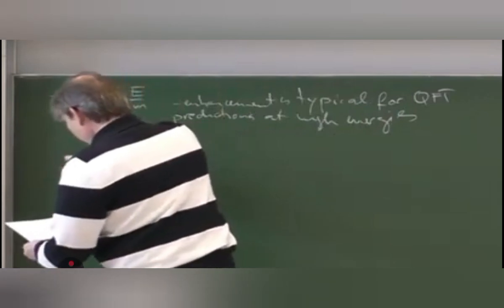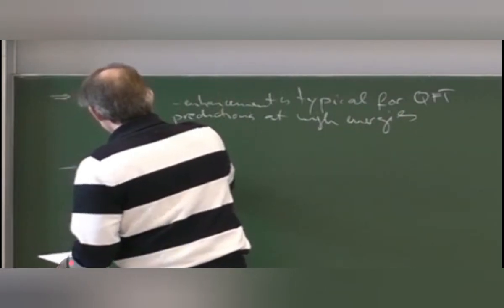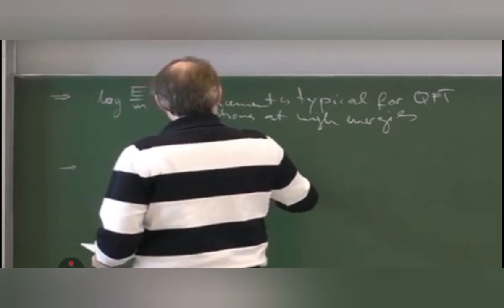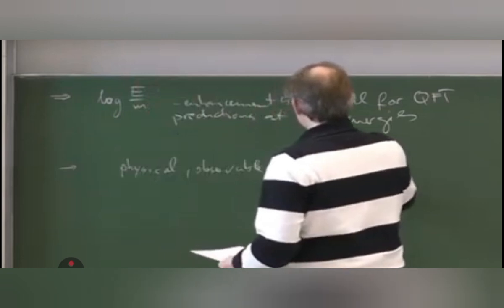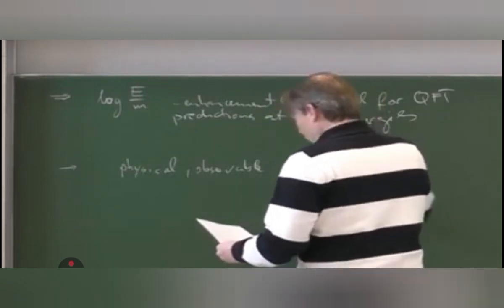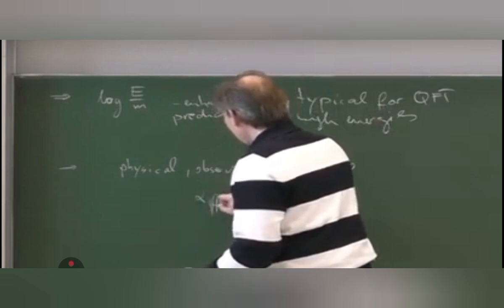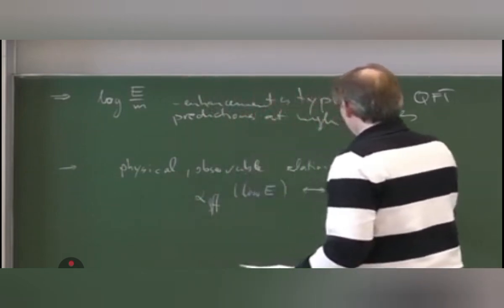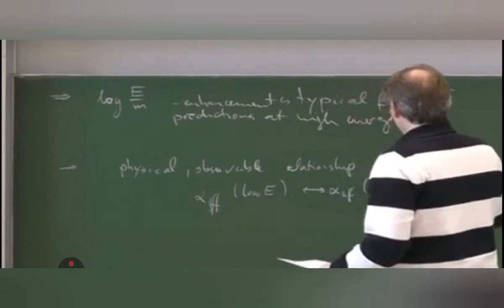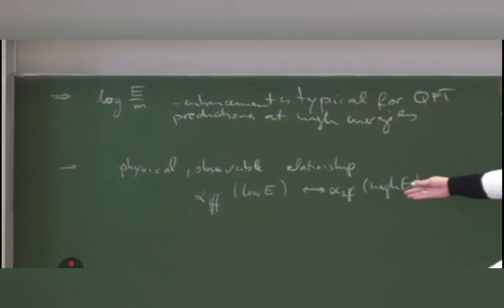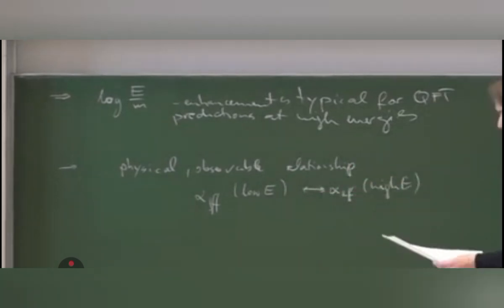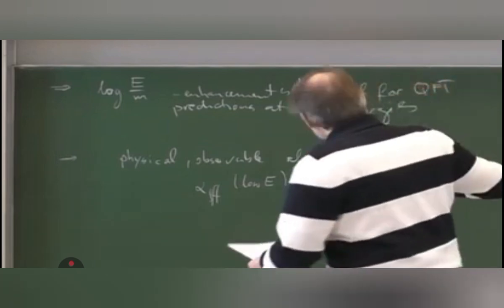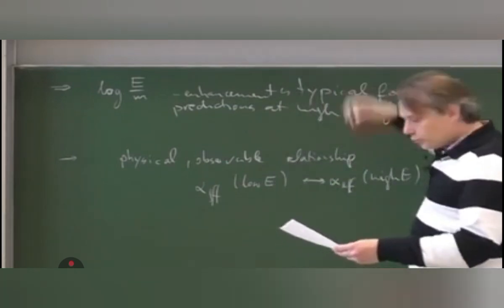And there is a physical observable relationship between the effective interaction strengths at low energies and the effective interaction strengths at high energies, and quantum field theory predicts what that relationship will be, and it is of course experimentally measurable, and in that way we can confirm this loop prediction of quantum field theory.